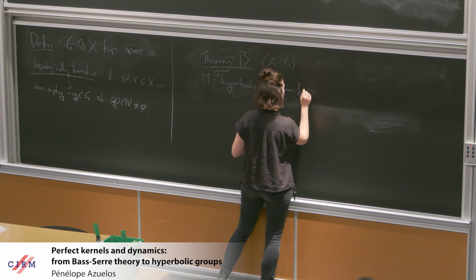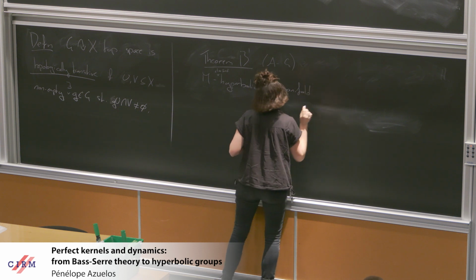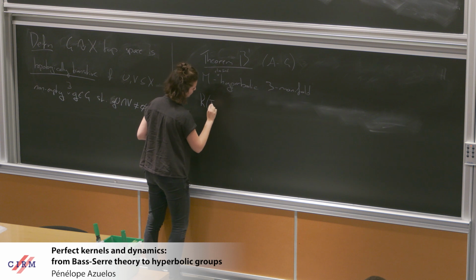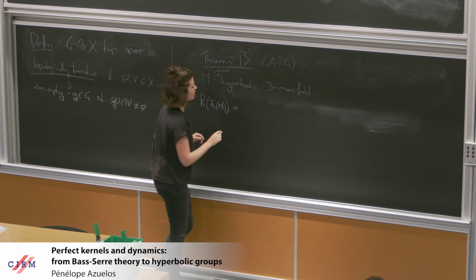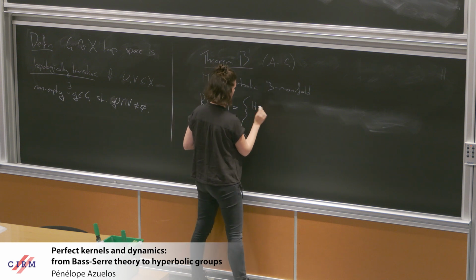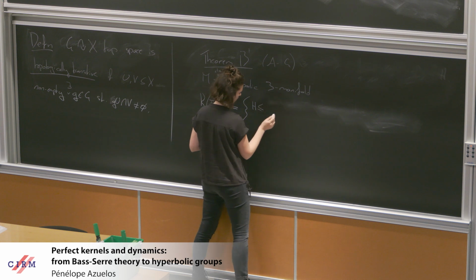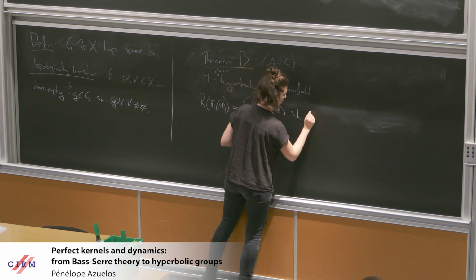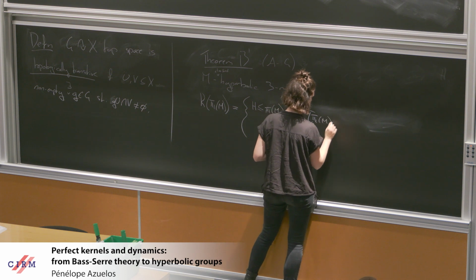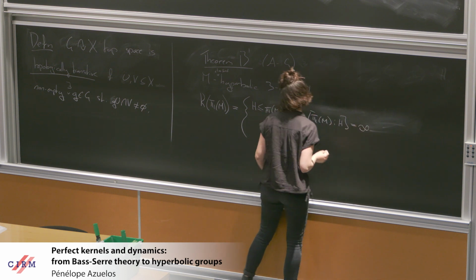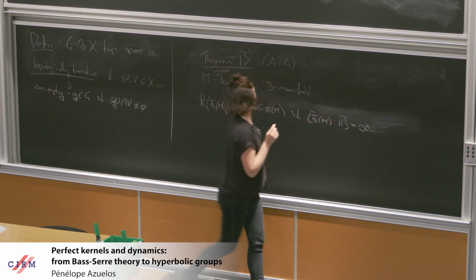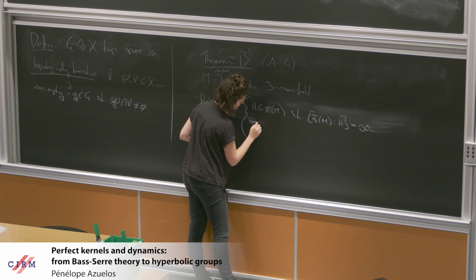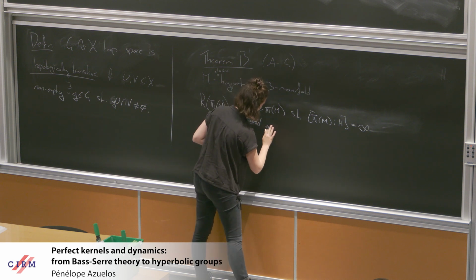Okay, so if M is a hyperbolic three-manifold, then its perfect kernel, well, the perfect kernel of its fundamental group is precisely the set of infinite index subgroups H, such that either H is quasi-convex or H is not finitely generated.